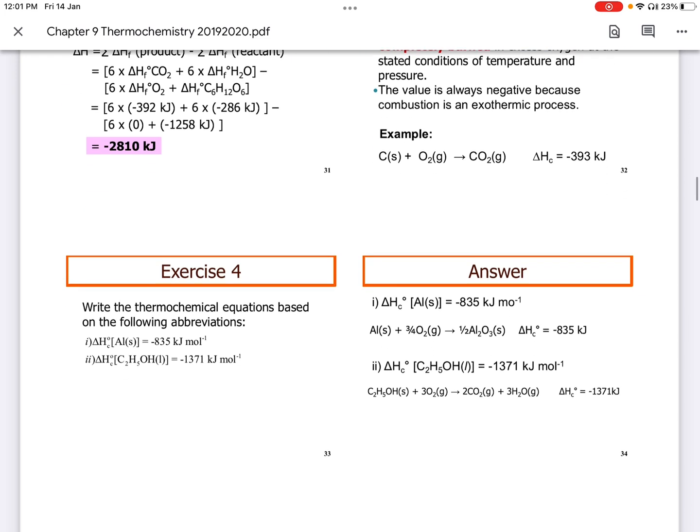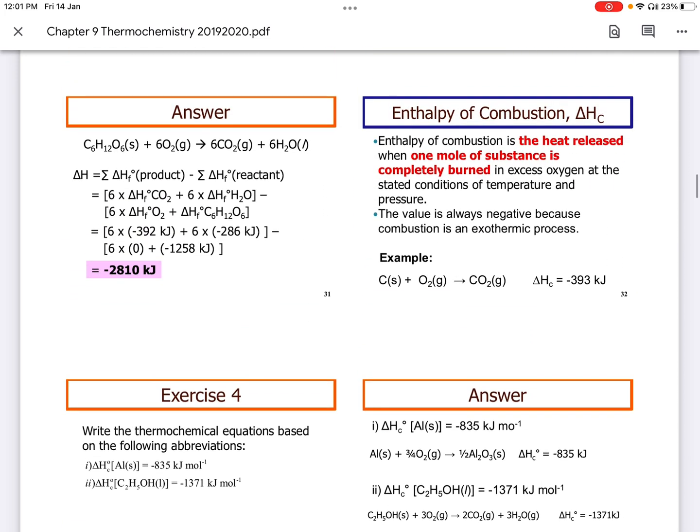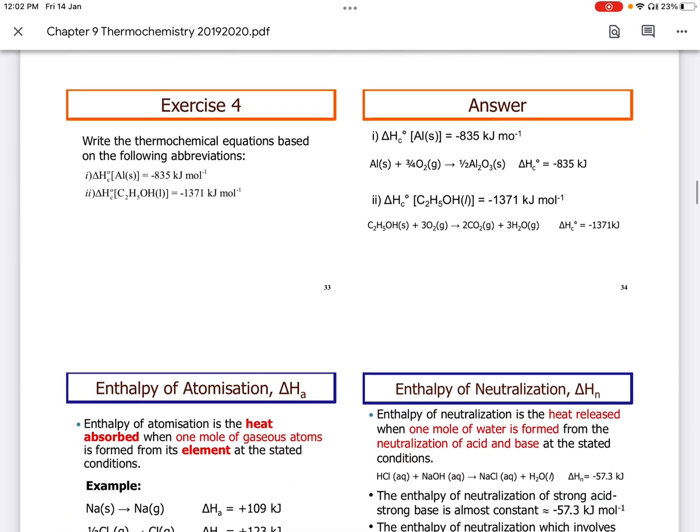Bila kita ubah jadi standard enthalpy of combustion, then dia akan jadi definitionnya the heat release when 1 mole of substance is completely burned in excess of oxygen at standard condition, bracket temperature equals to 298 Kelvin, pressure equals to 1 atm. Okay, kita kena bagi tahu lah kalau standard. Okay.